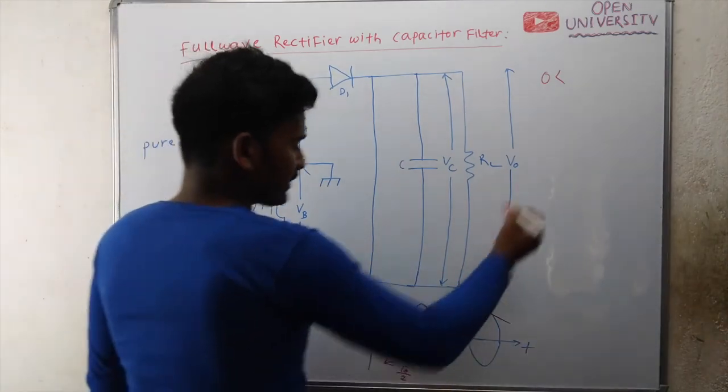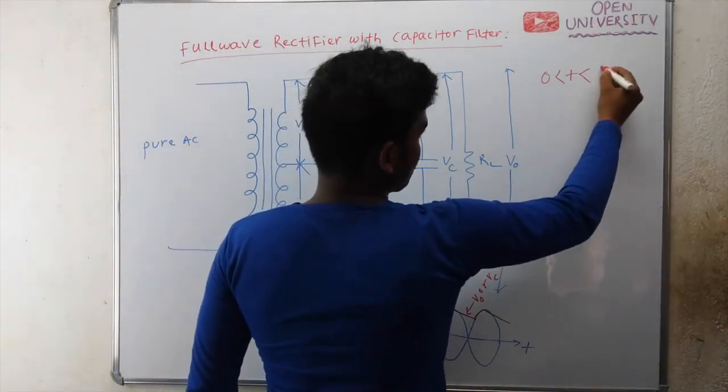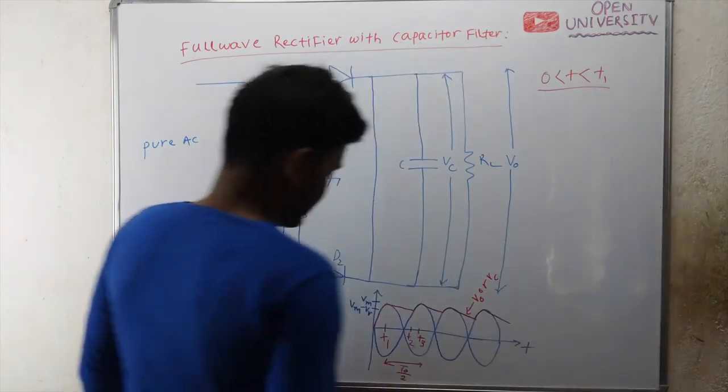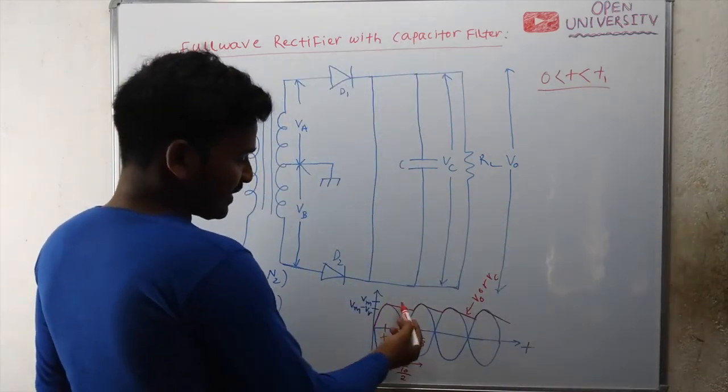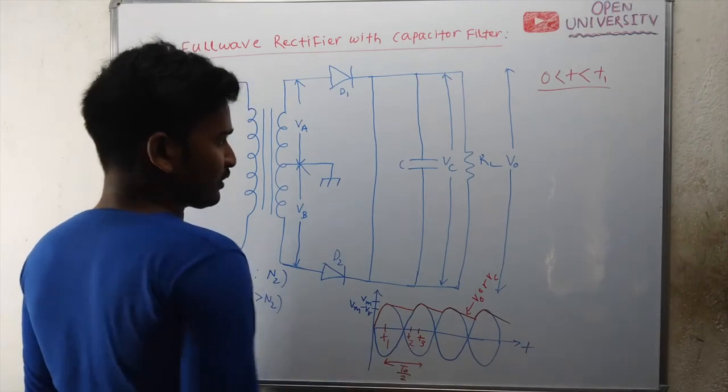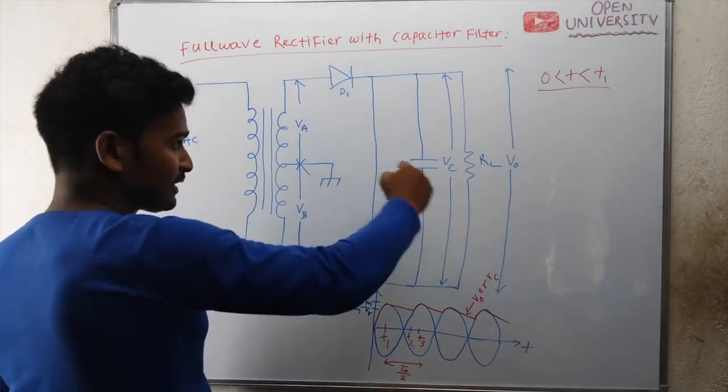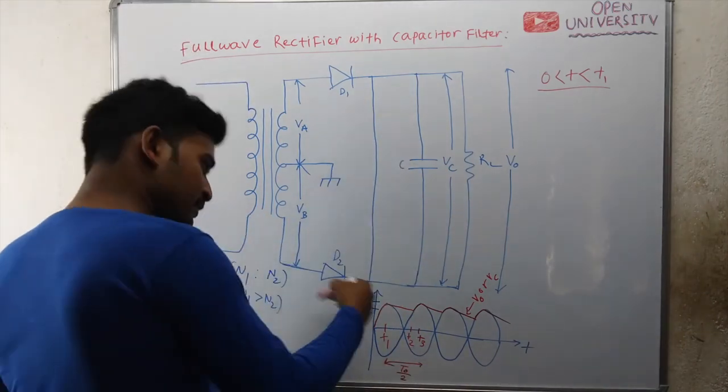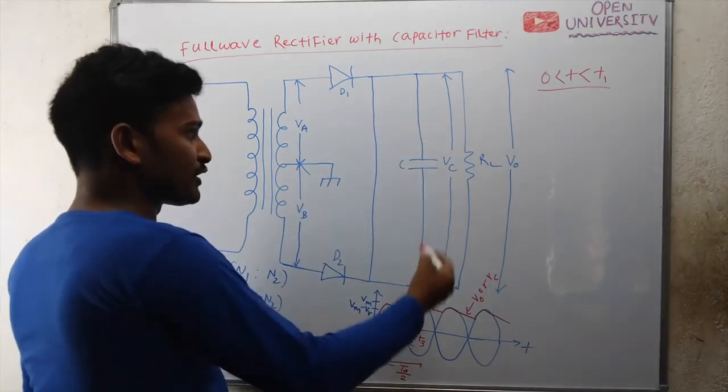When t is between 0 and t1, the capacitor will charge up to the peak input value through the diode D1. At that time D2 is off, so the capacitor will charge through D1.